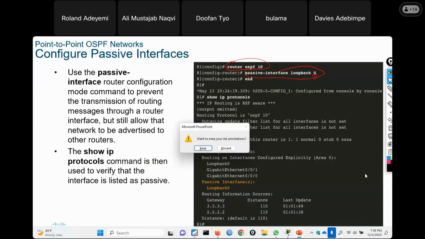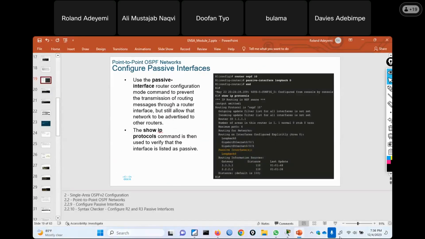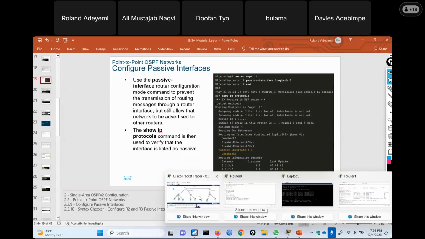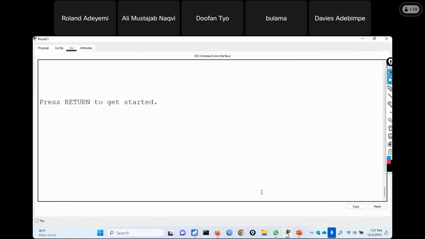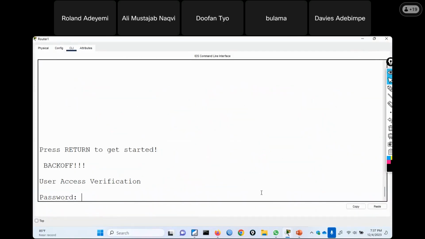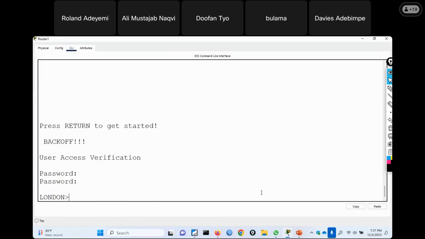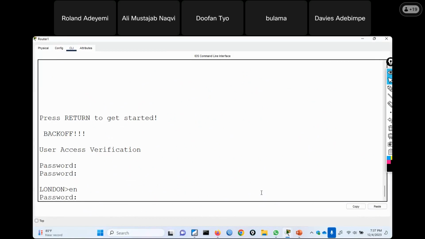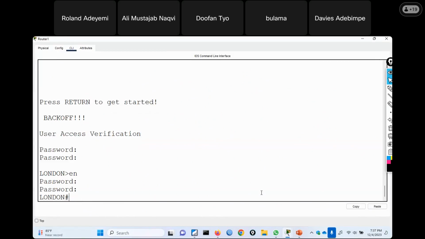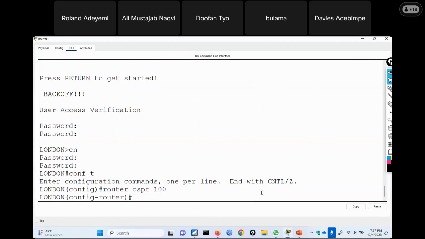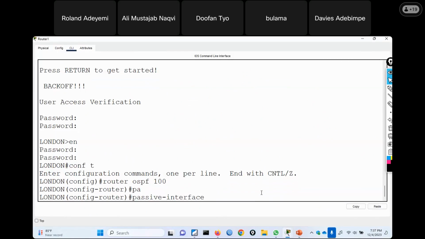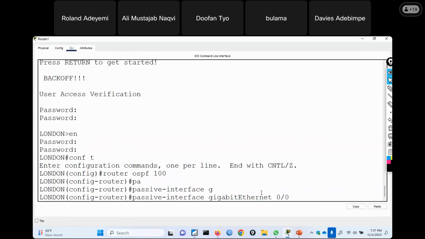You go to the router OSPF environment and say passive-interface, followed by the interface. In this scenario, we have our LANs on G0/0 and G0/1. So I go to my router, global configuration mode, router ospf 100, and say passive-interface gigabit 0/0, that's one.